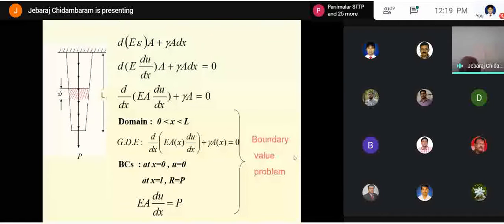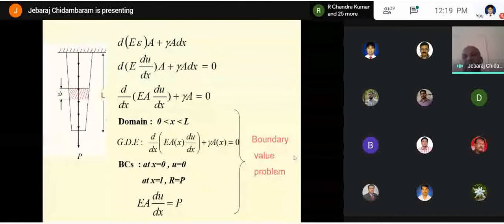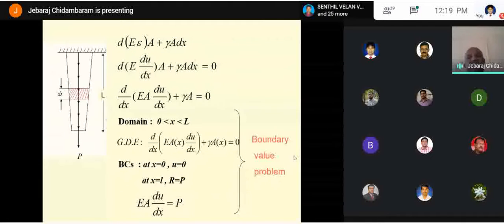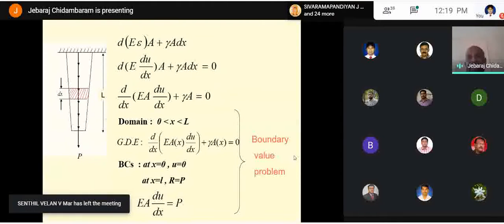That is represented by the equation d by dx of EA into du by dx plus gamma into A equal to 0. Here we have taken a small segment dx at the midpoint. If I take the small segment dx closer to the fixed end, the formula is the same: d by dx of EA du by dx plus gamma into A is equal to 0. What is A? A is the area at that point.